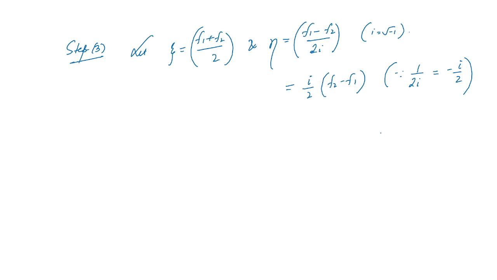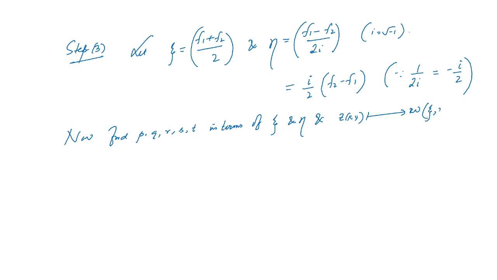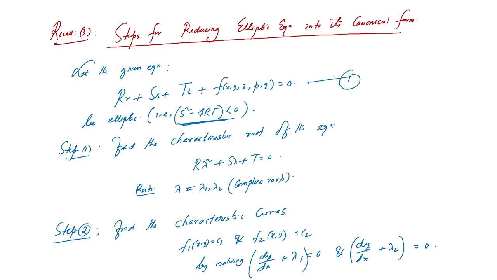Now find p, q, r, s, t in terms of xi and eta, and we'll put the transformation z(x, y) to omega(xi, eta) and put these values in equation 1, the semilinear equation.